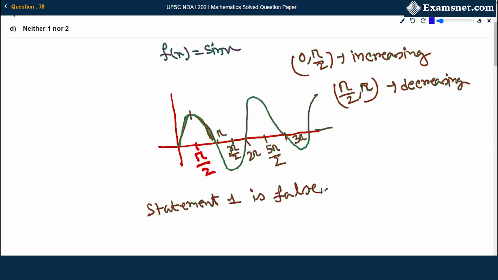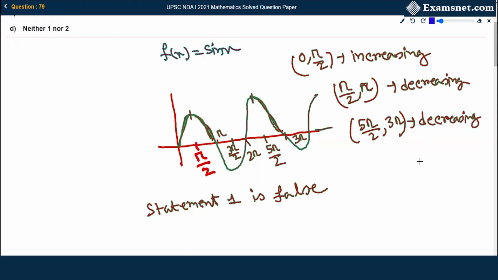Now look at the interval 5 pi by 2 and 3 pi. At 5 pi by 2, sin x is again maximum, but from 5 pi by 2 to 3 pi, it's again decreasing.